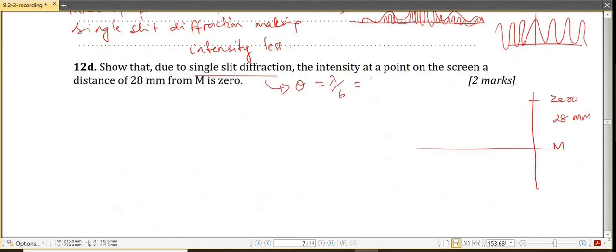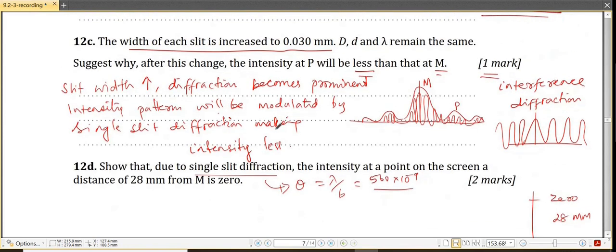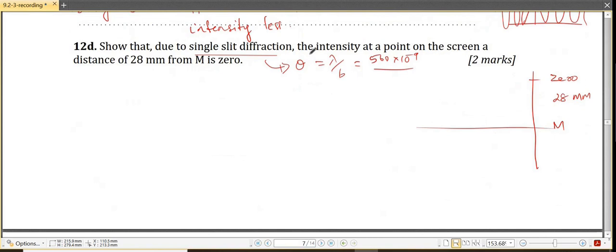So it is 560 times 10 to the power -9 upon b. They have given it here, 0.03 millimeter. So 0.03 times 10 to the power -3. When you solve it, it will give an answer 0.018. Of course, it's in radians.